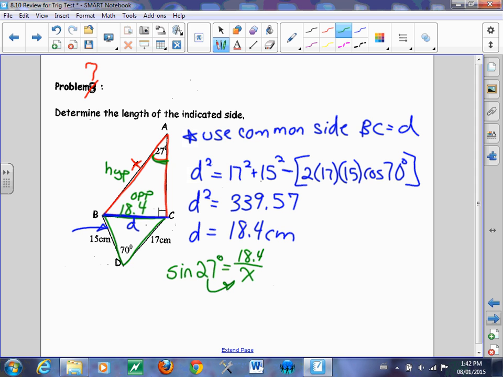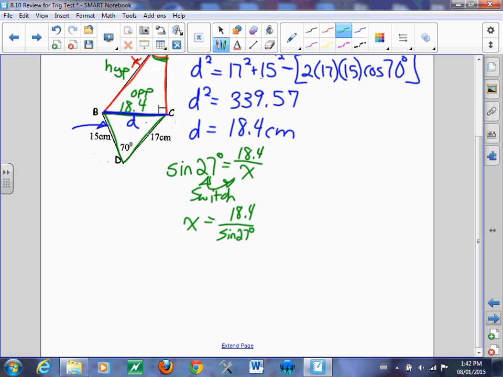X is on the bottom, folks, so we do the switch. So x equals 18.4 divided by sine of 27 degrees. Plug her in your calculator, and you're going to get 40.5 centimeters.